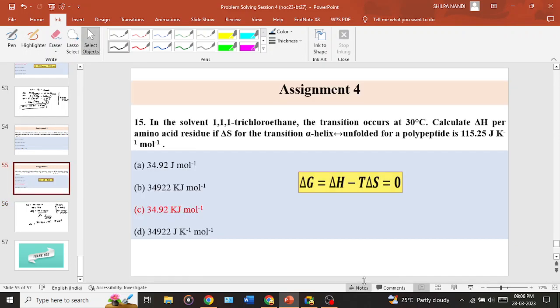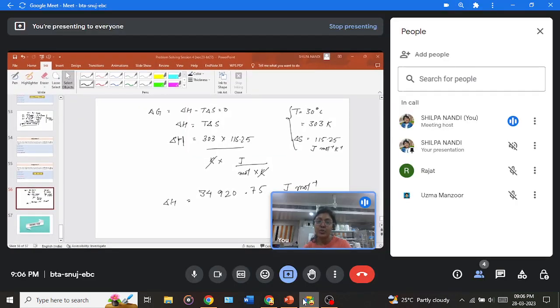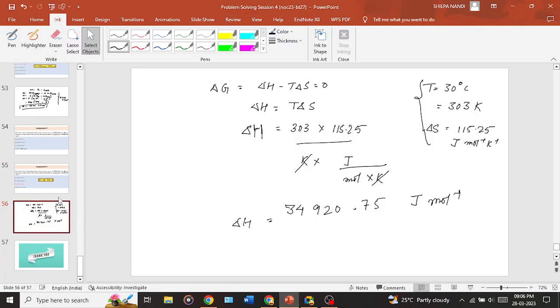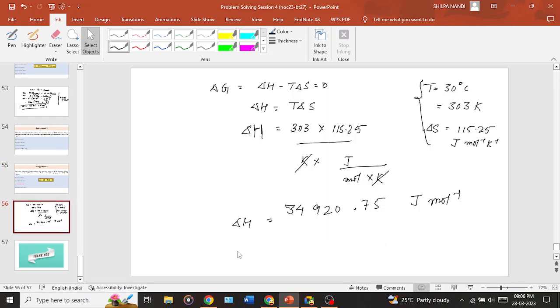If you go back to the answers, we have 34.92 in terms of joule per mole. So this is not the correct answer. We'll have to convert it into kilojoule per mole, right? Which is answer C. To convert this joule per mole into kilojoule per mole, you just have to divide it by 1000.